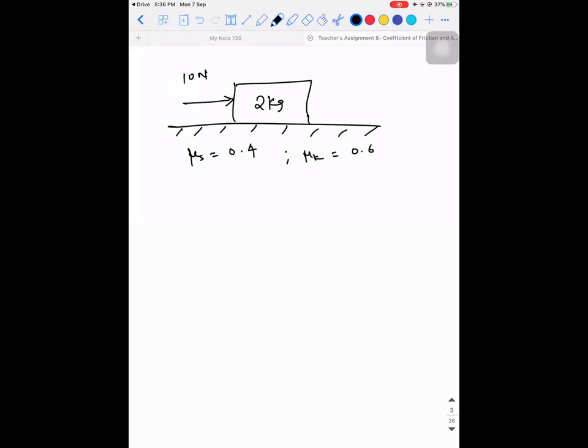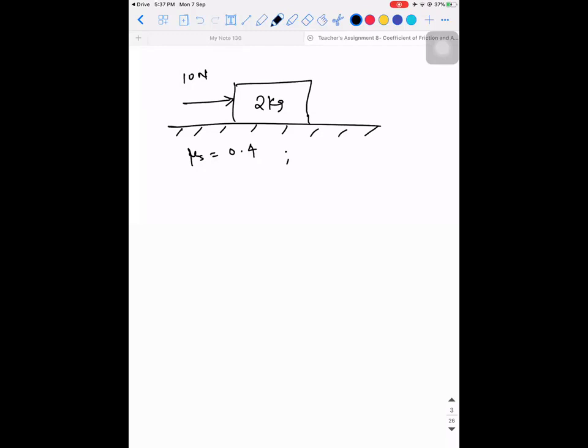Are you able to understand till this point? There is a mistake in what I've written. Can you correct it? Yes, that is a mistake: the coefficient of static friction should be greater. I wanted to see whether you're observing or not.